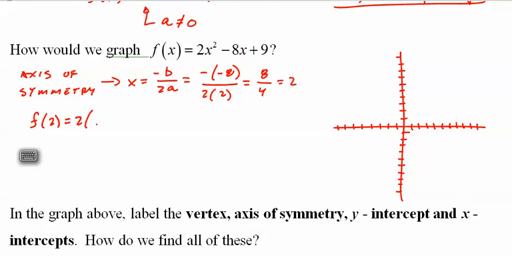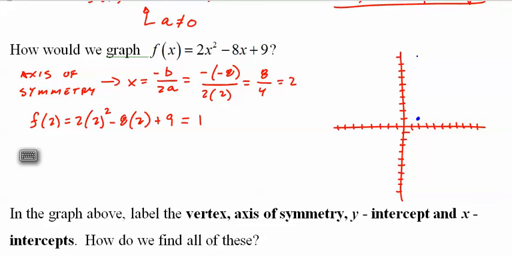It's going to tell you where the vertex is. Multiply that out, you should get 1. So we go over here and we plot 2, 1.